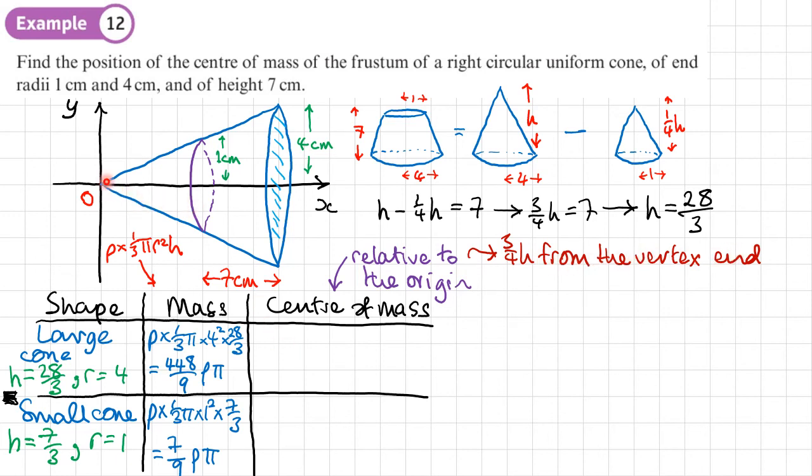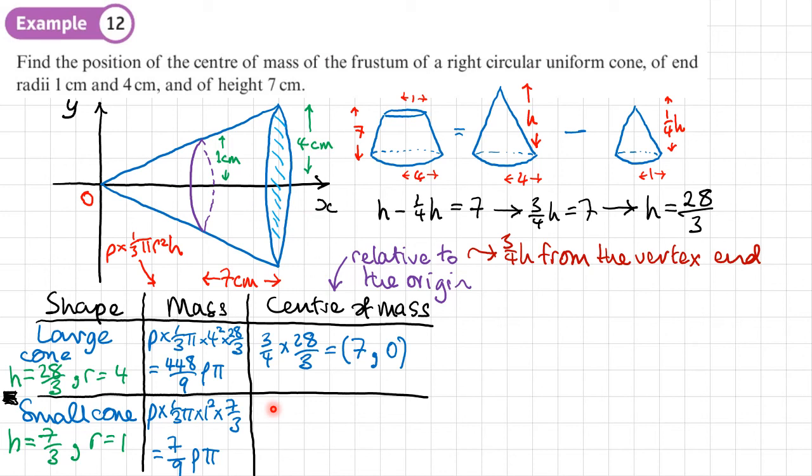So for the large cone, its distance is going to be 3/4 of its total height from the vertex end, and that height is h, which is 28 over 3. So 3/4 times 28 over 3 is 7. So I could write its centre of mass as 7, 0, because I know that the centre of mass in the y direction is going to be 0 because this is symmetrical.